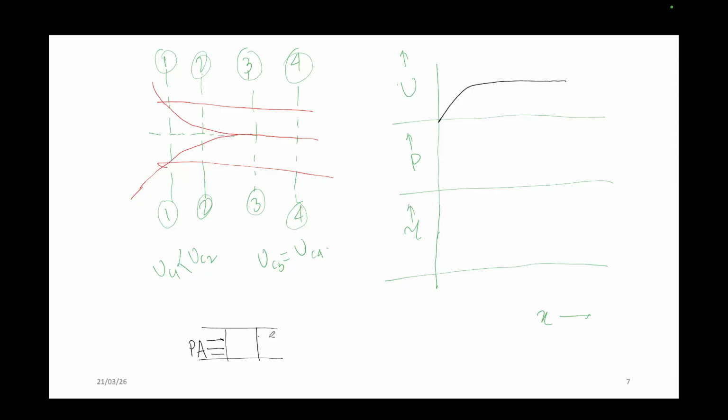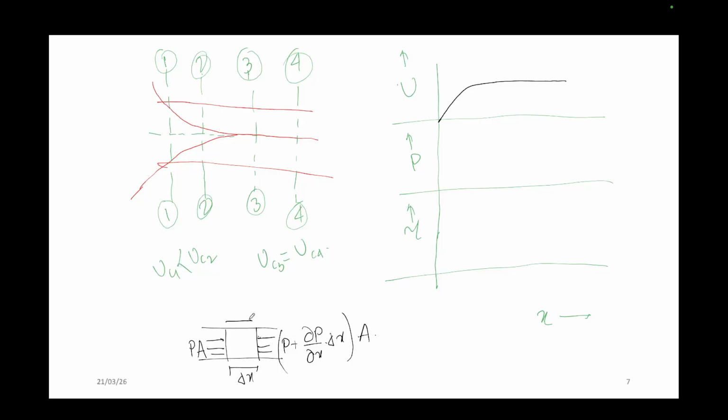And in this region, what should be the pressure? It should be P plus del P del X into del X, because this is a small distance del X. And what is the pressure force? The area should be the same.